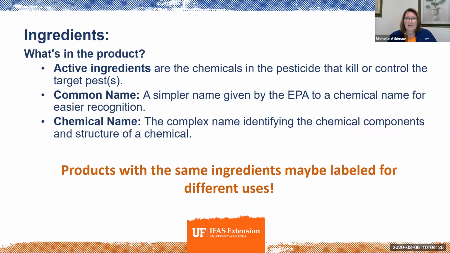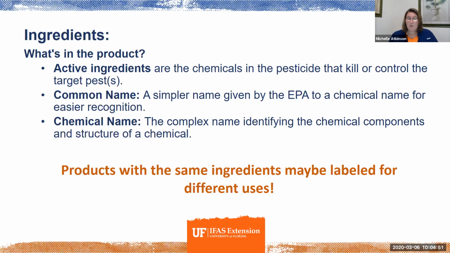So when we're looking at the active ingredients of plants, just understand that products with the same active ingredient may be labeled for separate uses. A good example of this is glyphosate. Glyphosate is used on land. One product is Roundup that you might be familiar with, but glyphosate can also be used in the water.